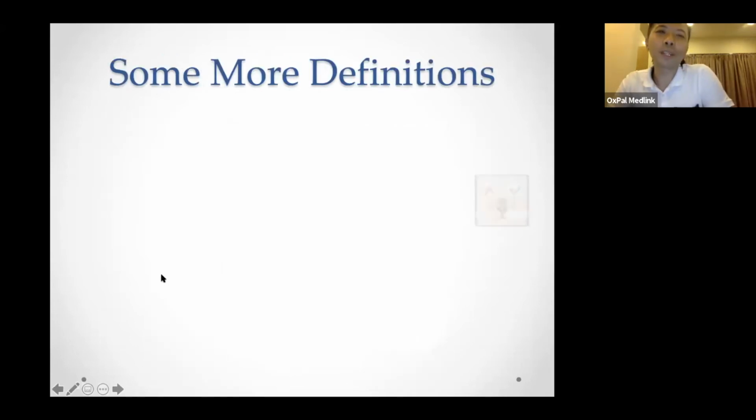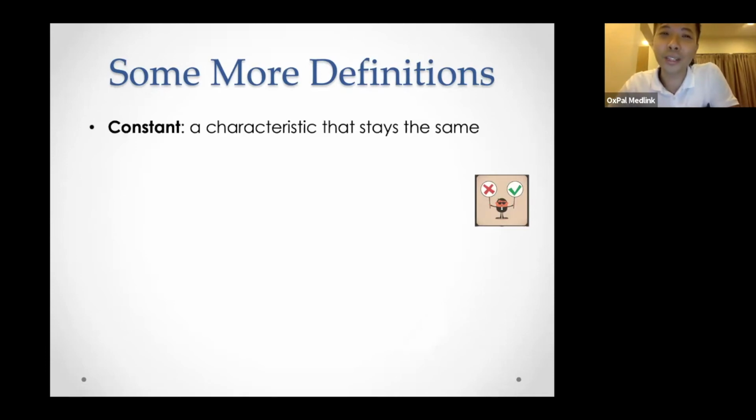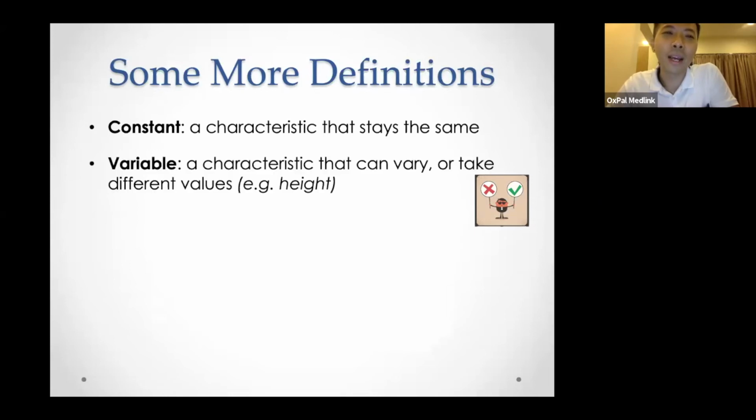Some more definitions, but this time it is a true or false question. Let's hear from you. A constant is a characteristic that stays the same, and a variable is a characteristic that can vary or take on different values. Let's hear from you with regards to whether this definition is correct.